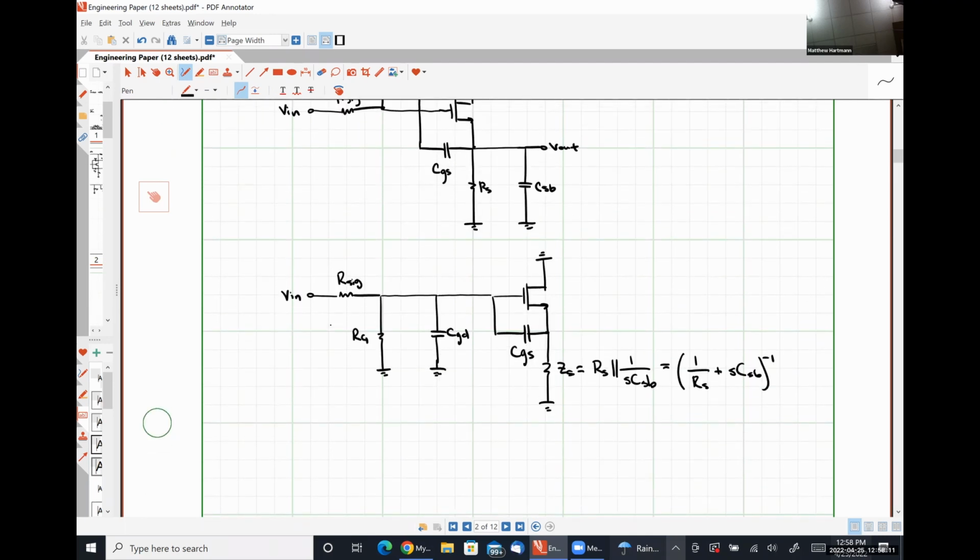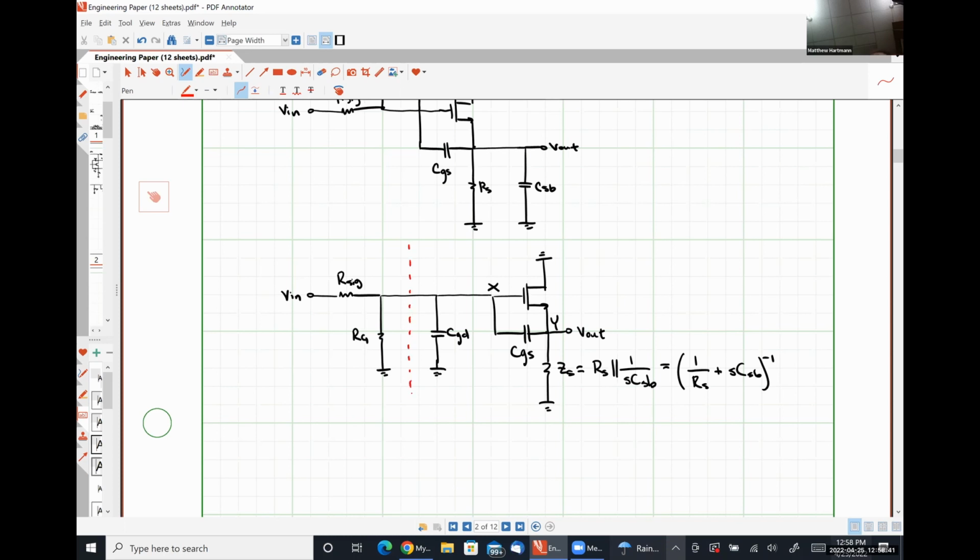All right. So, oh, and I need to label my output terminal over here. All right. So I am going to call my gate node X and my source node Y. And we are going to approach this very similarly to what we did for our common source amplifier.